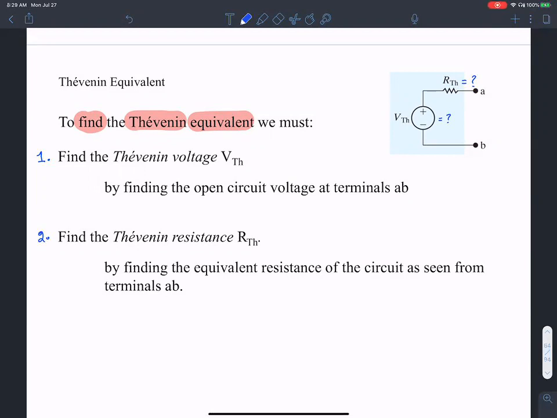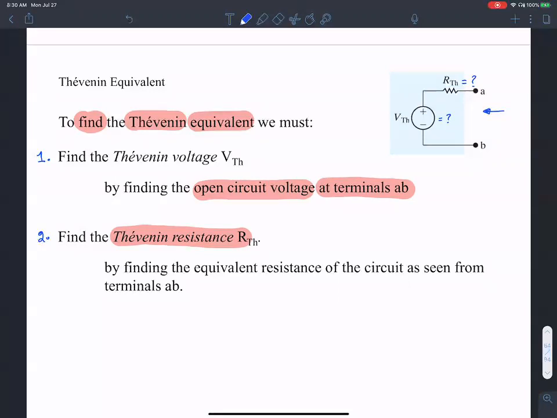Vthevenin is defined as the open circuit voltage at the terminals A and B. And Rthevenin is defined as the equivalent resistance looking in to the terminals A and B. All of this will become absolutely clear when we look at an example problem.